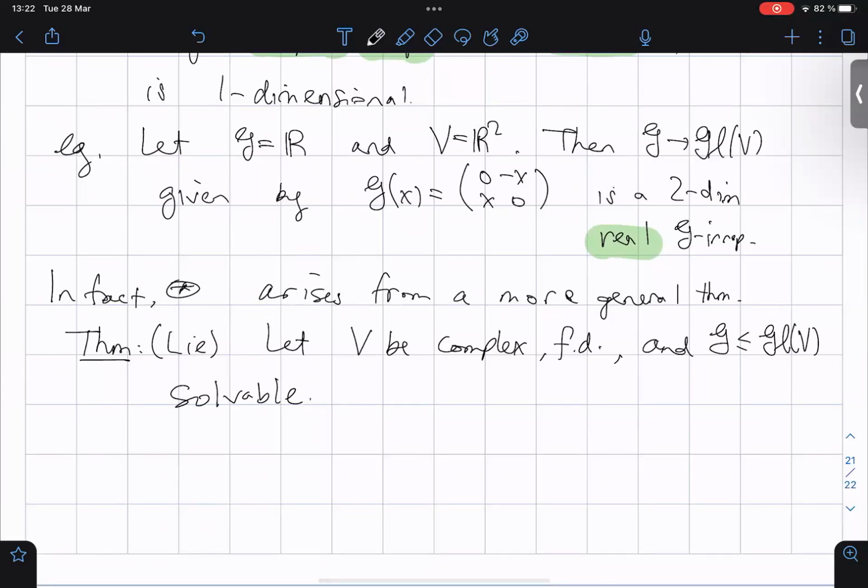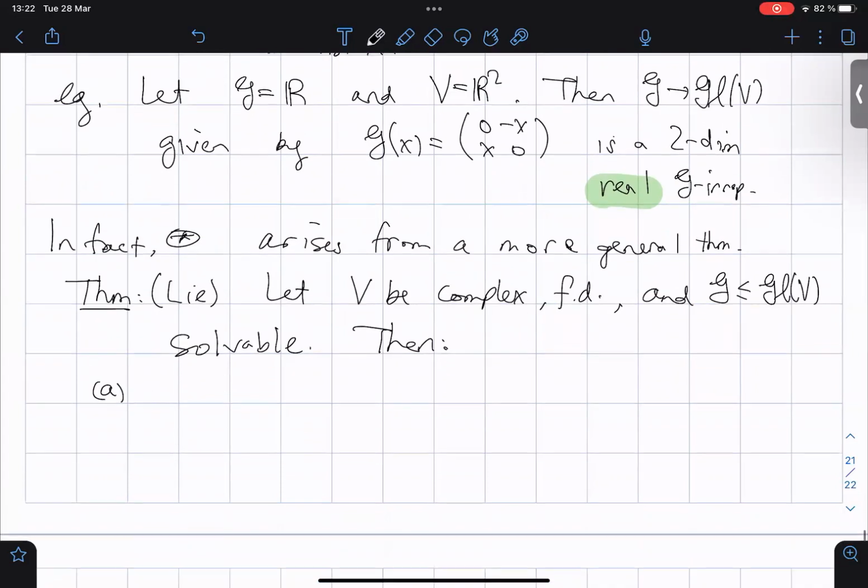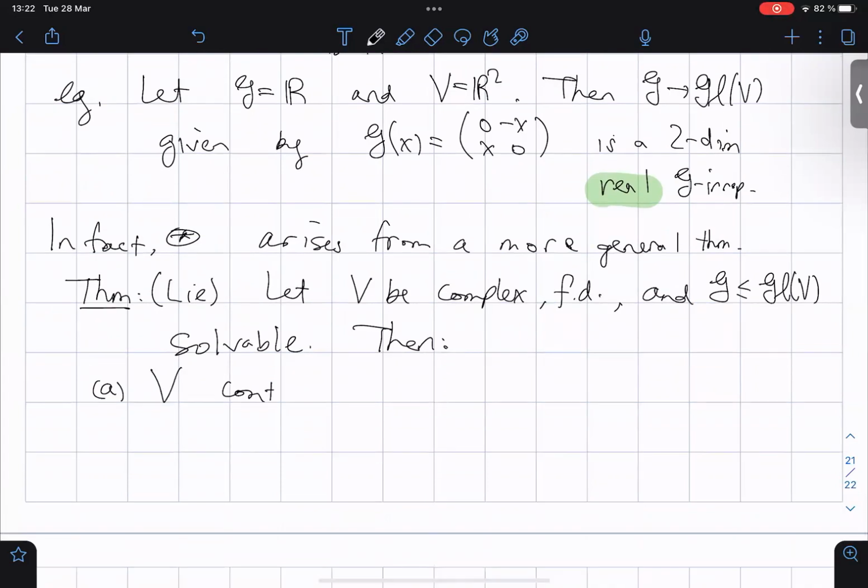Suppose that it's solvable. Then V contains a common eigenvector for all of g.